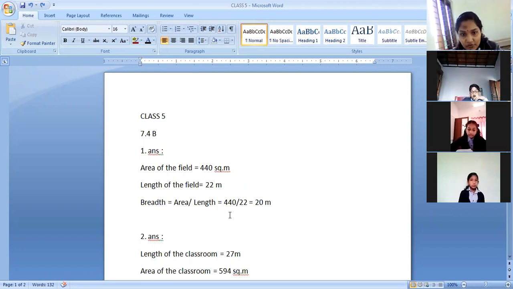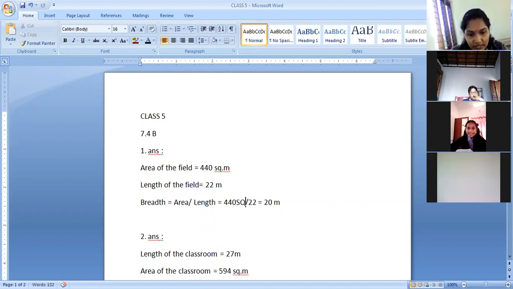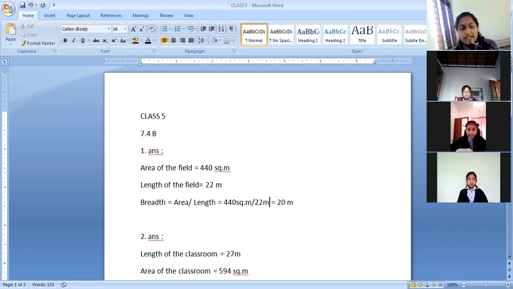Area is 440 divided by length is 22. 440 square meter divided by 22 meter. Then you will get 20 meter. When you divide 440 by 22, you will get 20 meter. That is the correct answer.